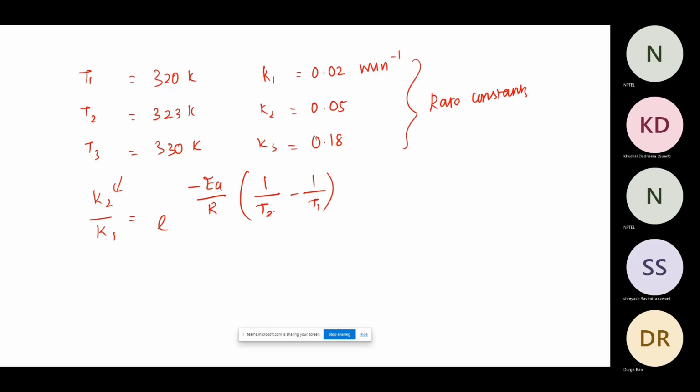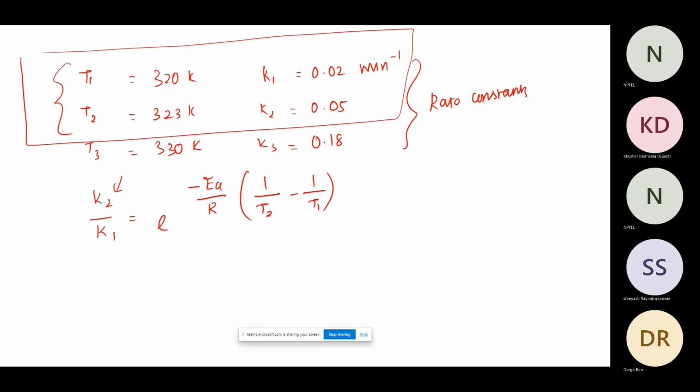If you take two temperatures, any set you can take, there is no hard and fast rule. T1, T2 you can take, or T2, T3 you can take, whatever two temperatures correspond to the rate constants. We can take the first two sets. So K2 upon K1 is the exponential of minus EA upon R into (1 upon T2 minus 1 upon T1).